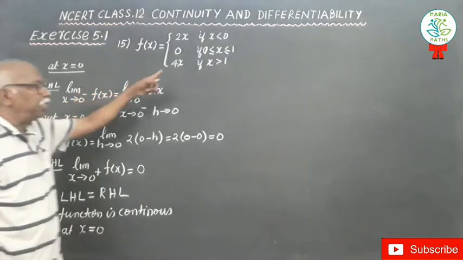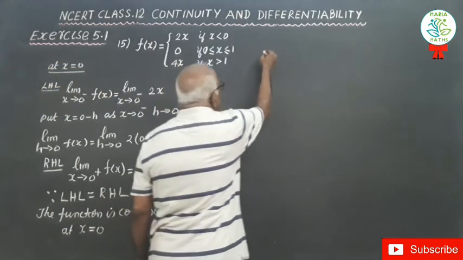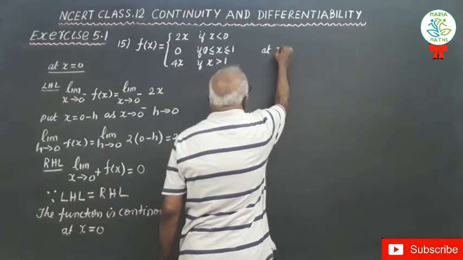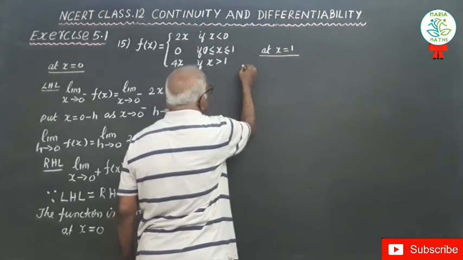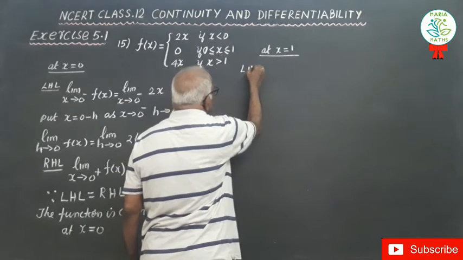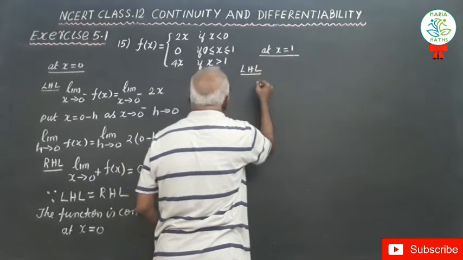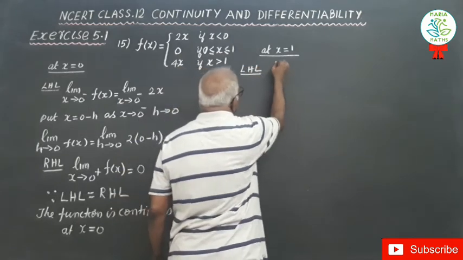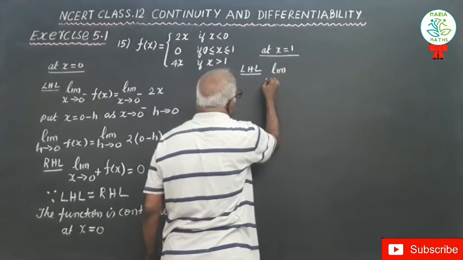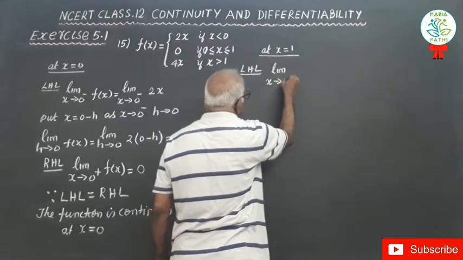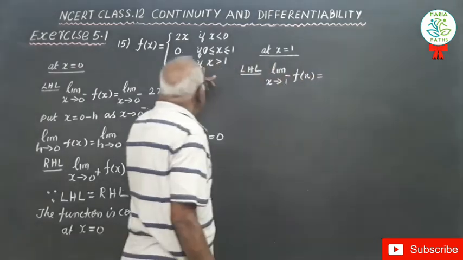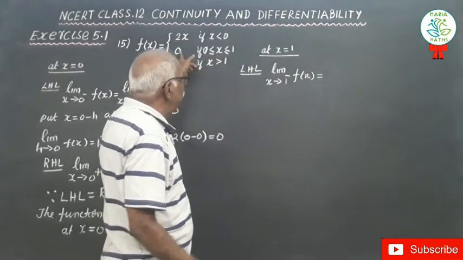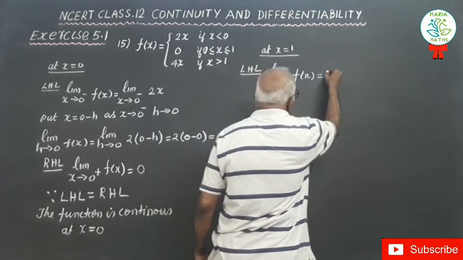Now check for x is equal to 1. At x is equal to 1, LHL: limit x tends to 1 minus f of x is equal to limit x tends to 1 minus is 0, LHL is 0.